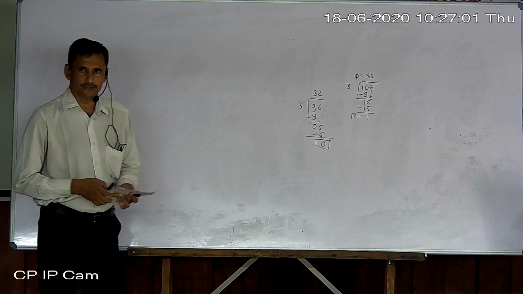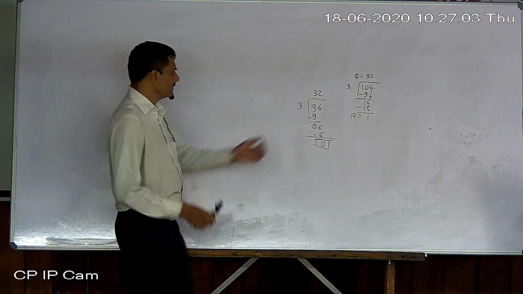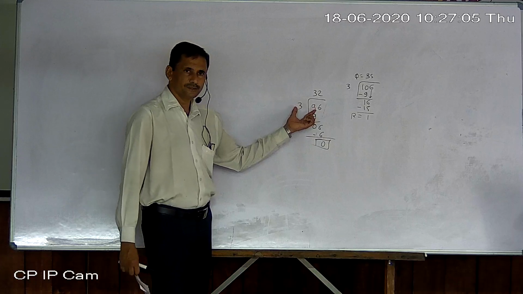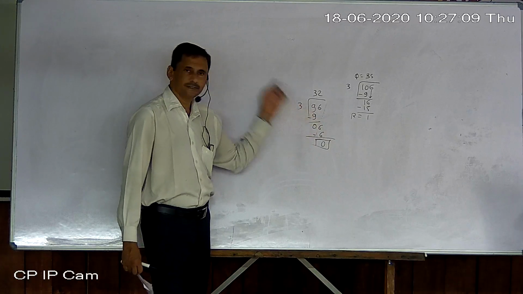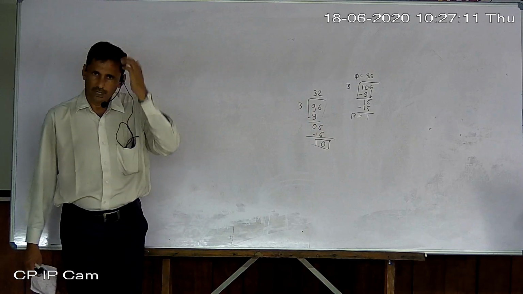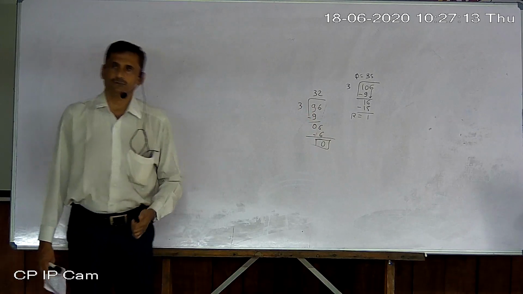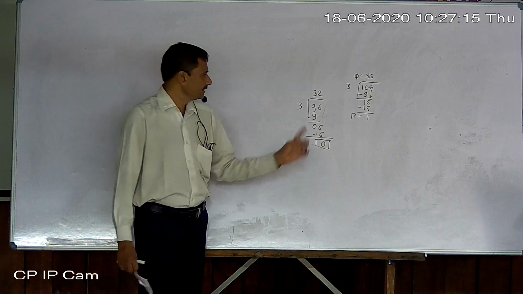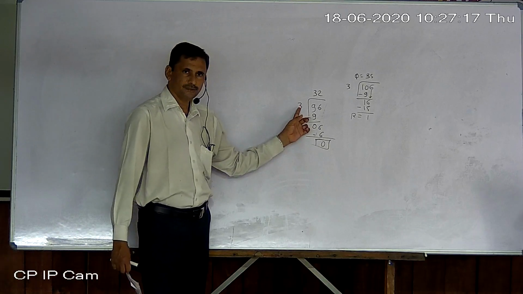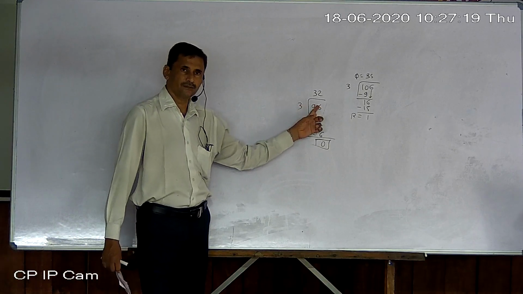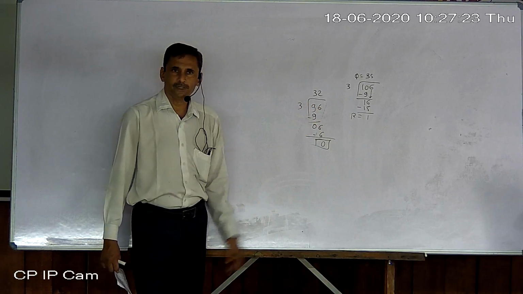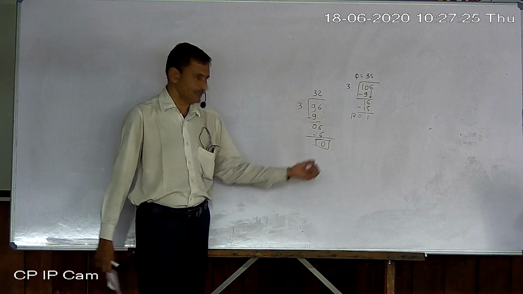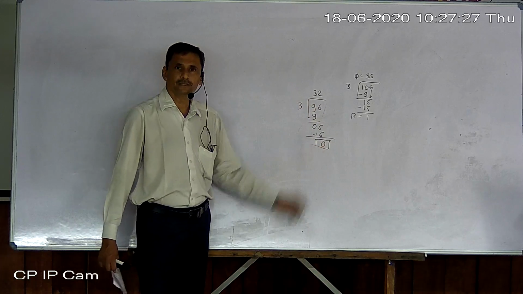You got remainder 0. What can you say about the relation between this and this? I can say 3 is a factor of 96. Whenever I get remainder 0, I can say the divisor is a factor of the dividend. 3 is a factor of 96. Why? Because I got remainder 0.